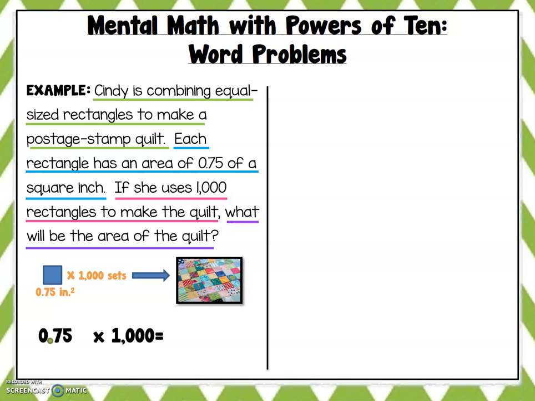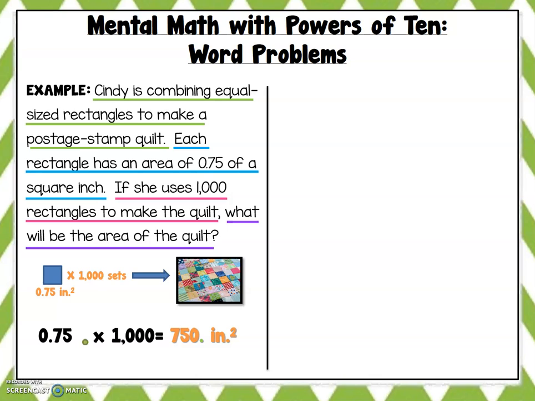So I'll highlight that decimal point there in between the digits 0 and 7, and I'll shift it 1, 2, 3 spaces to the right, which means now I need to fill in that empty spot next to the 5 with a placeholder 0. So my final answer would be 750 inches squared as the final area of the quilt. So that's an example where we're making equal groups because we made 1,000 sets of those small rectangles.